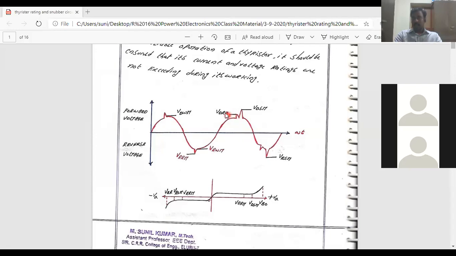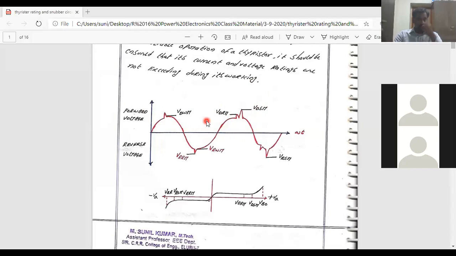That is defined as VDRM, and the other is defined as VDSM, which has a quite higher magnitude. These are some of the values prevailing across the device when it is intended for operation.